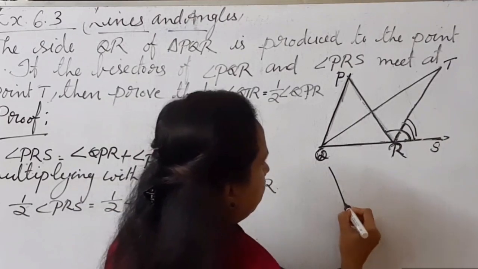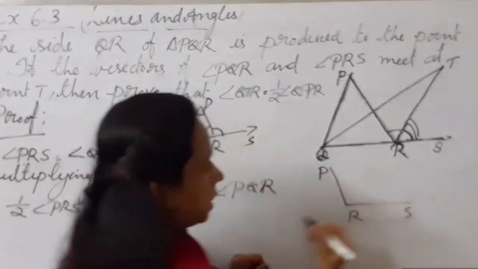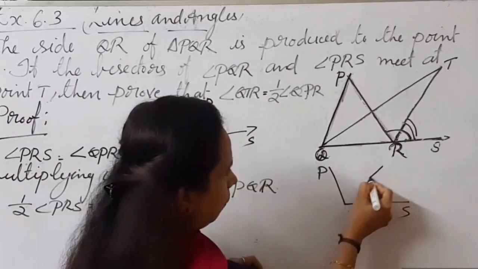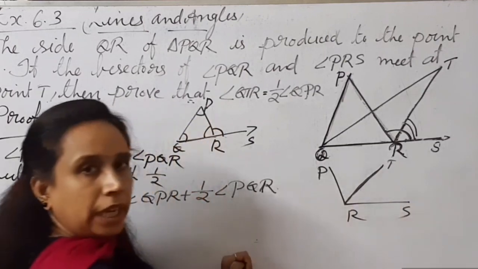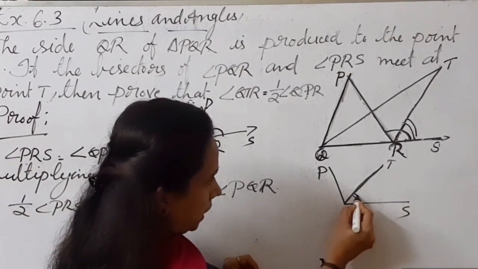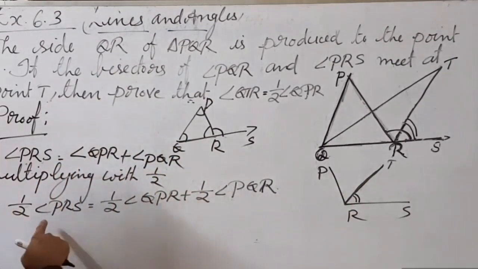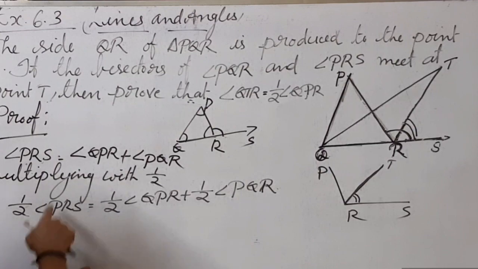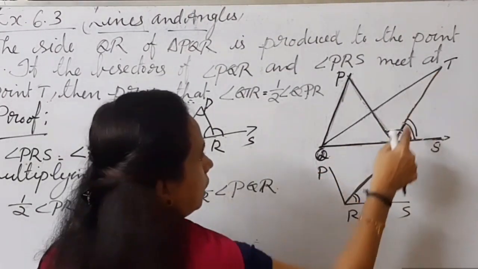If angle PRS is given like this and one bisector RT is given, then half of angle PRS is this portion, this angle, that is angle TRS. So instead of half of angle PRS, I am going to take angle TRS, because RT is the bisector of angle PRS.